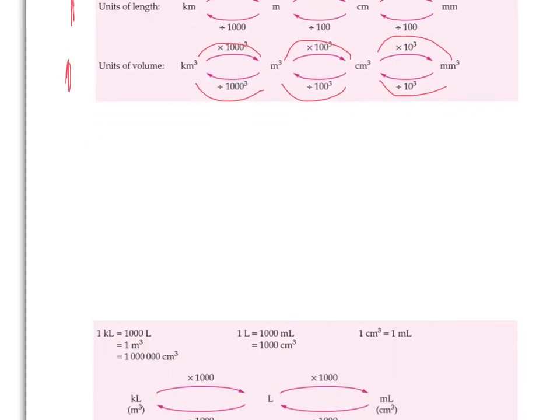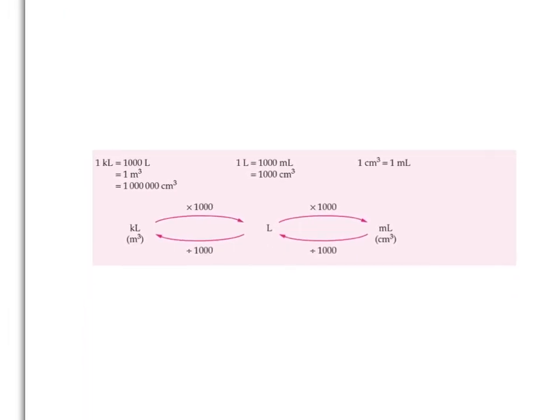Okay, so now another one that you've got to remember, and it's quite interesting actually, is 1 centimeter cubed is equal to 1 milliliter. And if you've got a liter, which is 1,000 milliliters, you've got 1,000 centimeters cubed.